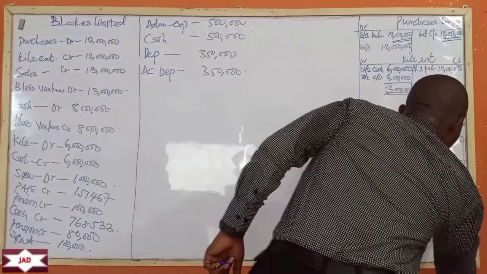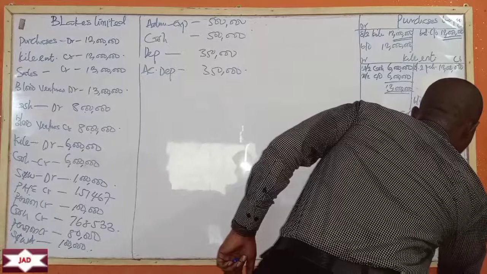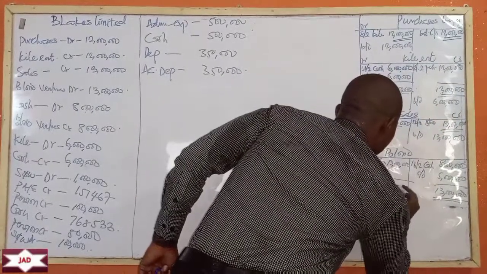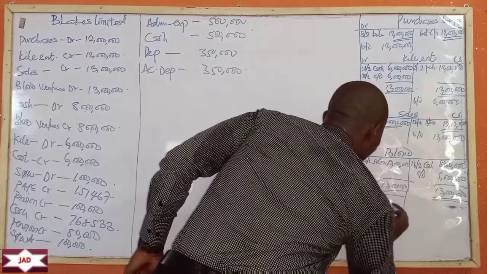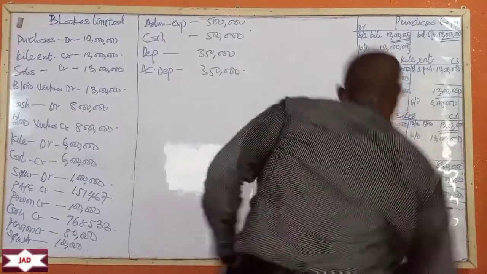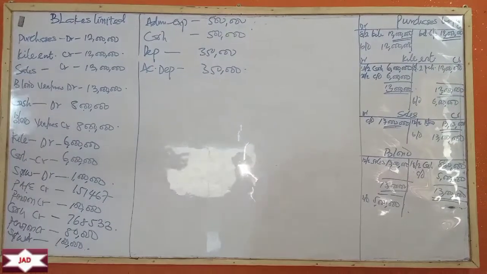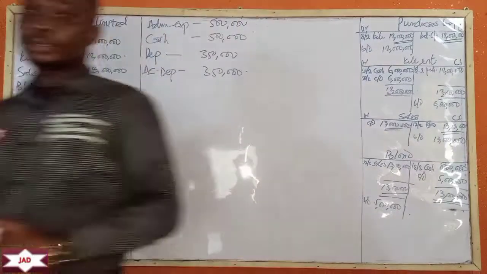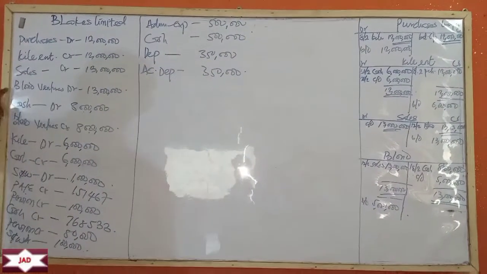So we have 5 million, so both sides become 13 million. So brought down here is what? 5 million. So it means that Blonde is owing the business 5 million. So you can call him a debtor or receivable. Okay?